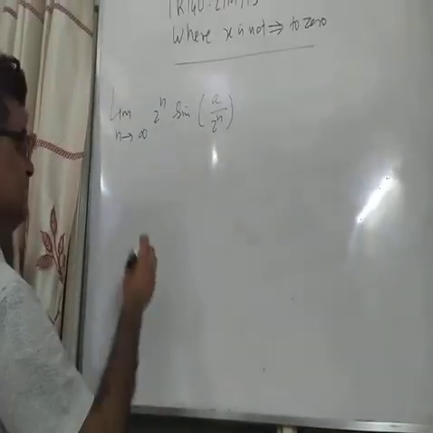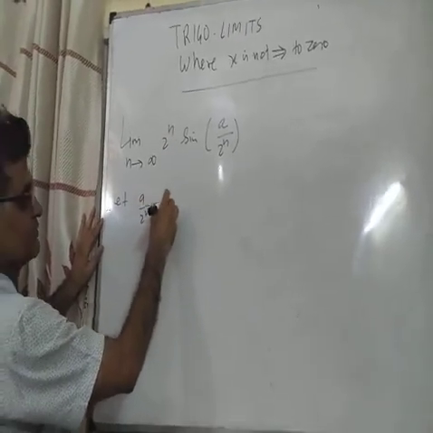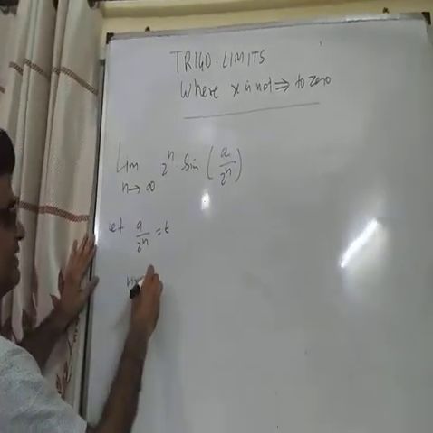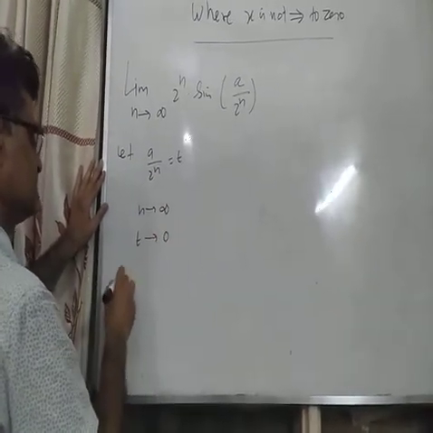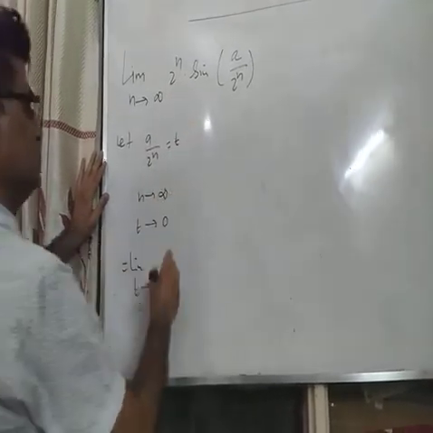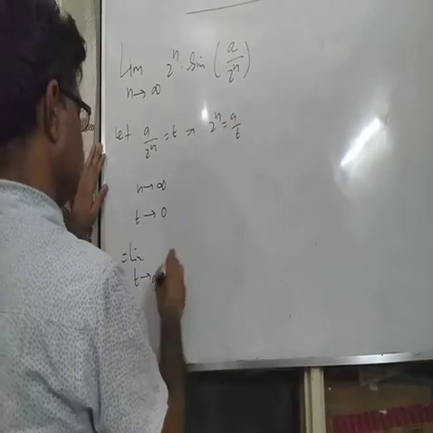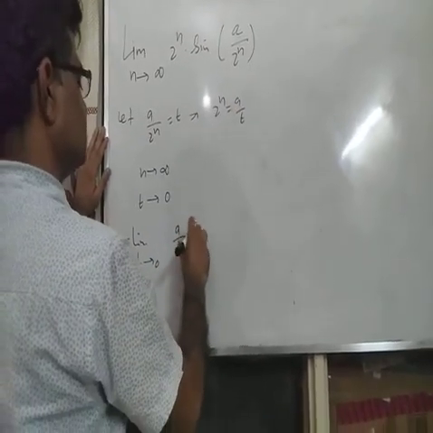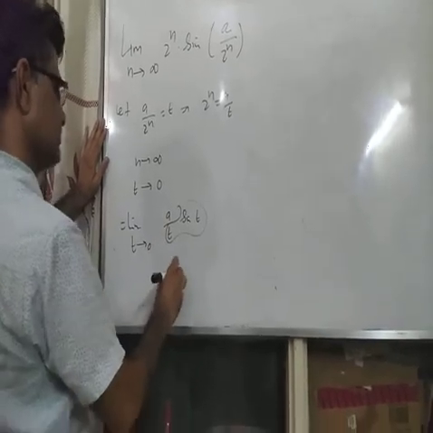So we can see that let a upon 2 to the power n equal t. When n is tending towards infinity, you can see that t is tending towards 0. So limit t tends to 0, 2 to the power n can be written as a upon t here, and this is sine t. So sine t upon t equals 1. So this is going to be a.